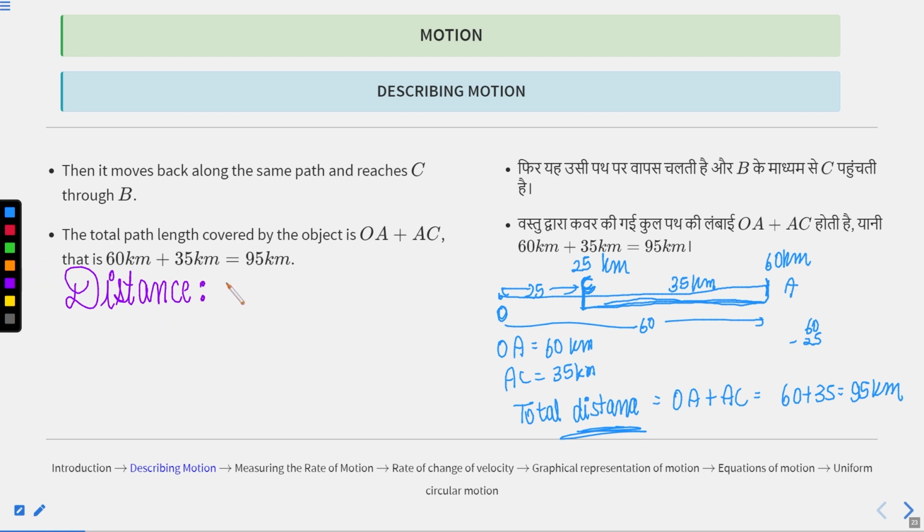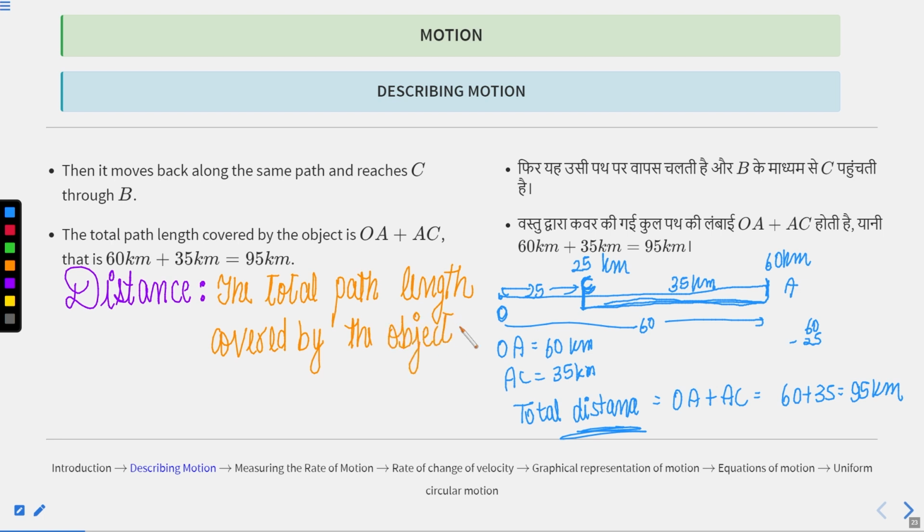Distance is defined as the total path length covered by the object. Clear, class? So this is the definition of distance: total path covered by the object.